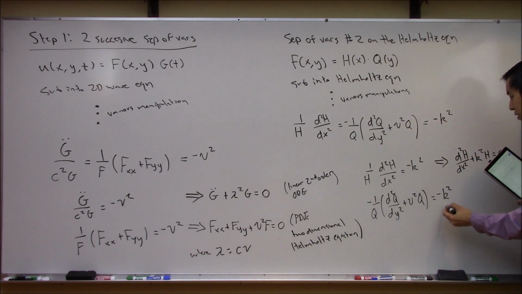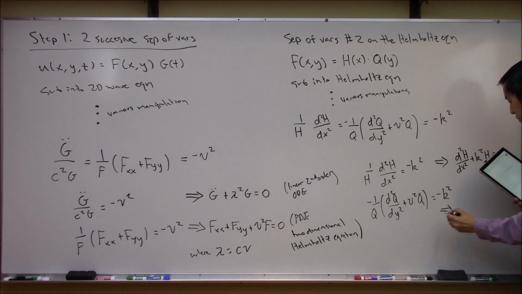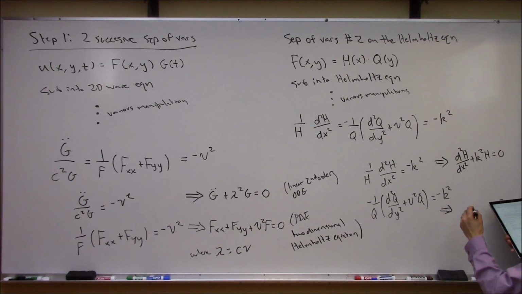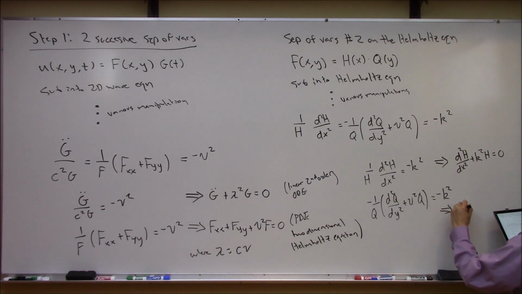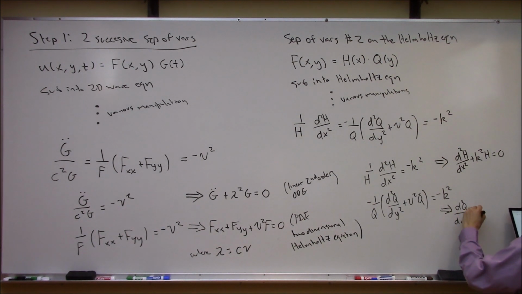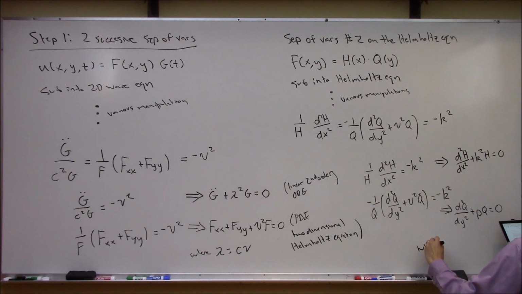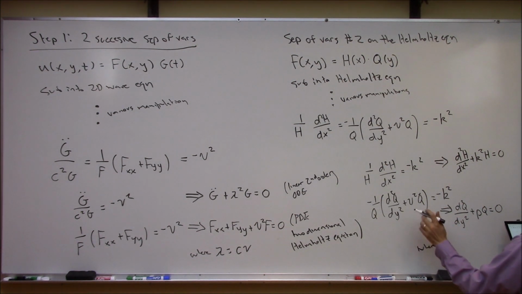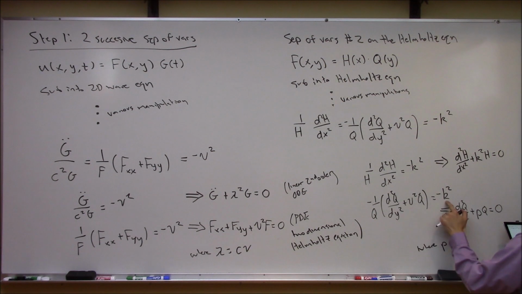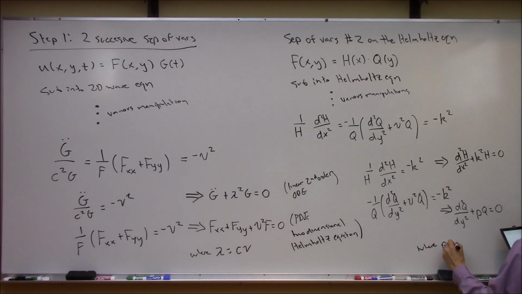Okay, and then this second ODE down here, we could rewrite this whole thing to look like d squared q dy squared plus, let's call it p squared times q is equal to 0 here. And in this case, you can kind of see right here, p squared is just a mixture of the nu and the k here, right? I'm just going to rewrite it as a different variable. So p squared is going to be nu squared minus k squared.